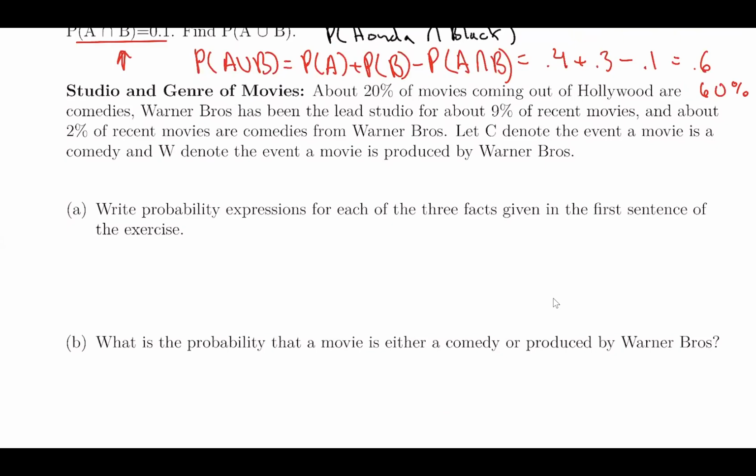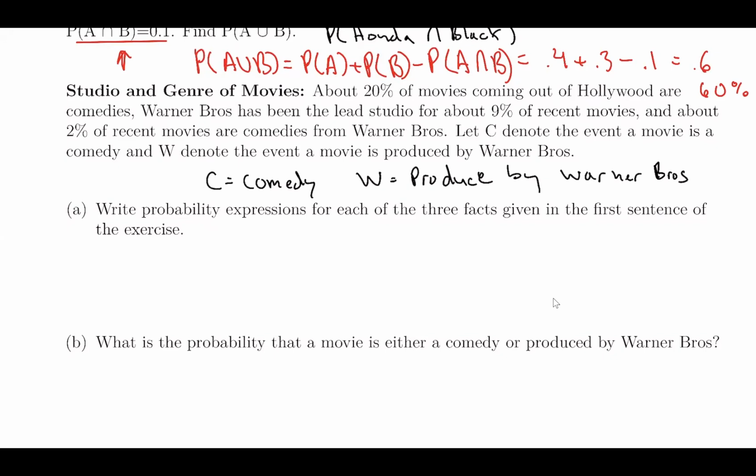Let C denote the event a movie is a comedy, and W denote the event a movie is produced by Warner Brothers. So those are my two events.